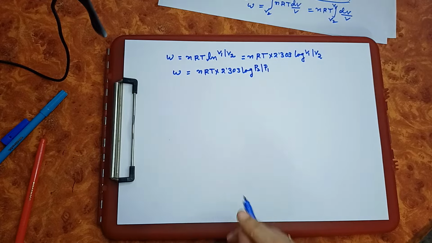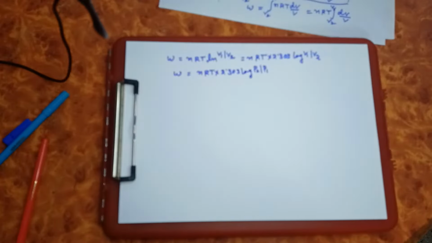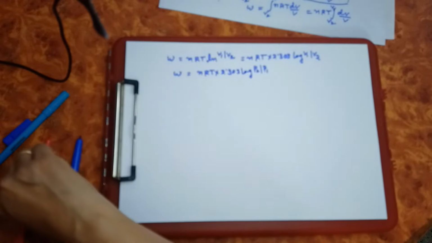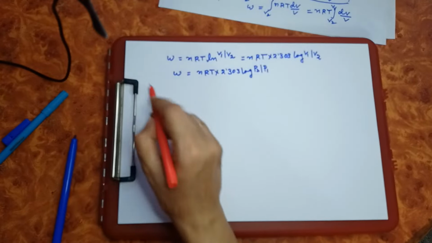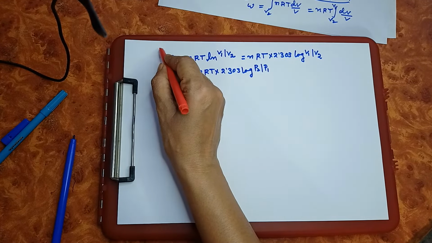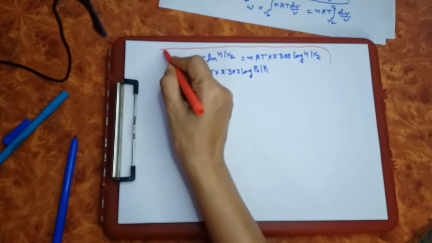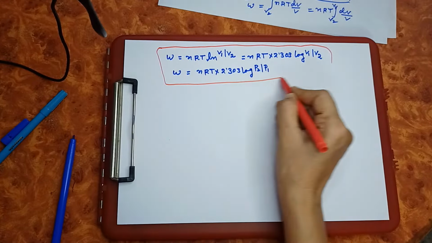Earlier I have shown you, because P1 V1 is equal to P2 V2, V1 by V2 will be P2 by P1 at constant temperature. So this is the expression for work done on the gas during isothermal reversible compression.